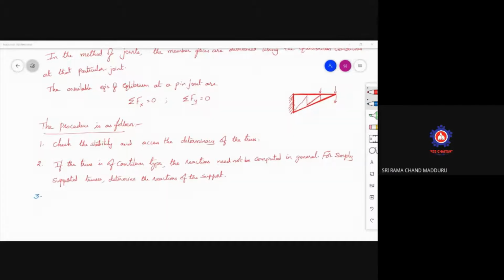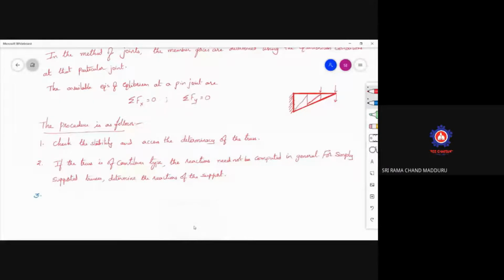So the first point is, first of all, check whether the structure is stable or not. The second point is to see that if it is a cantilever, then there is no need to calculate any reactions. If it is a simply supported truss, then determine the reactions of the support.